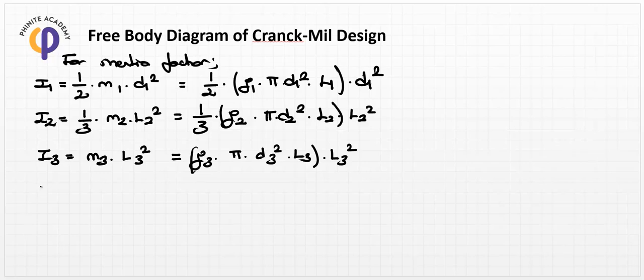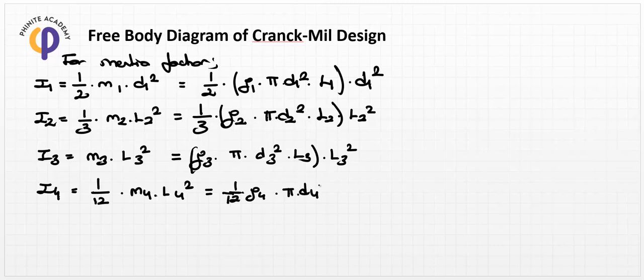Okay, and so I4 is equal to what? 1 divided by 12 times m4 times L4 square, which must be equal to 1/12 rho 4 times pi times d4 square times L4 times L4 square.